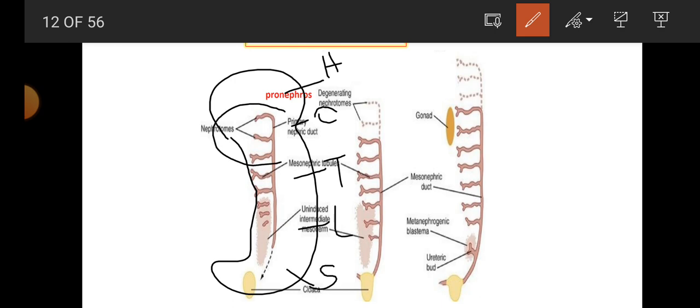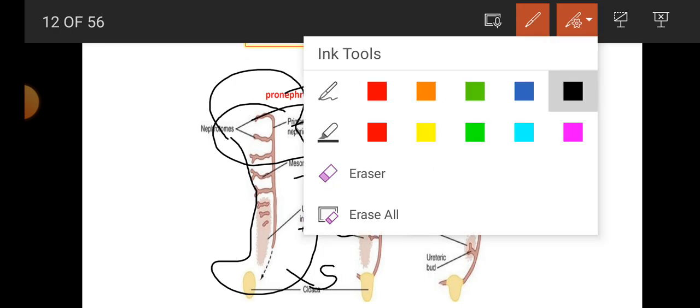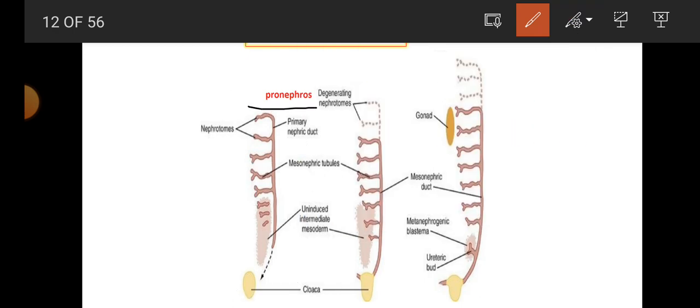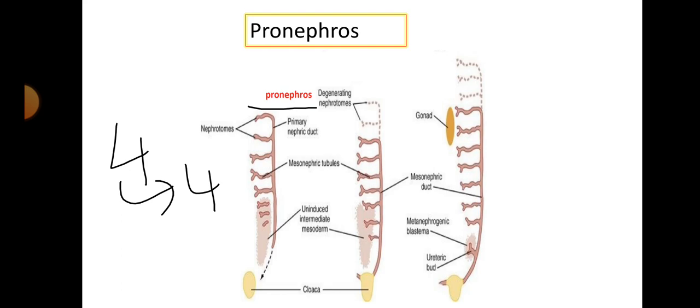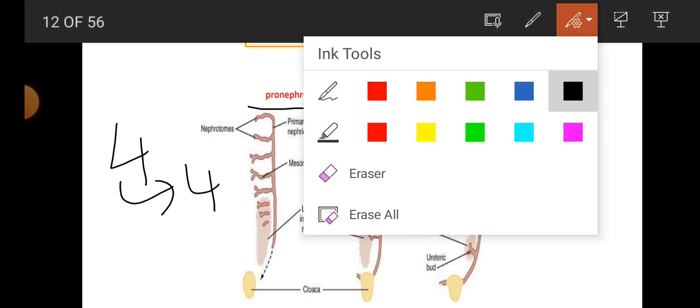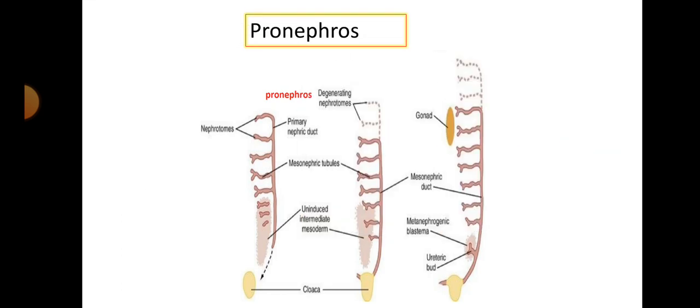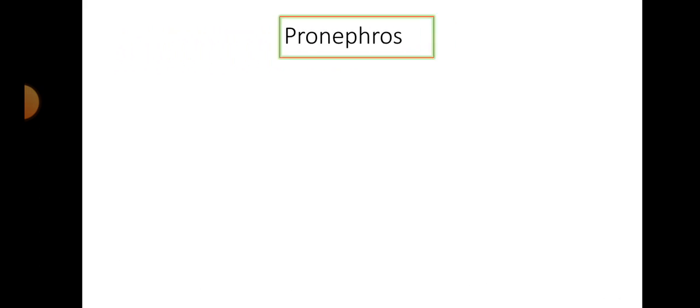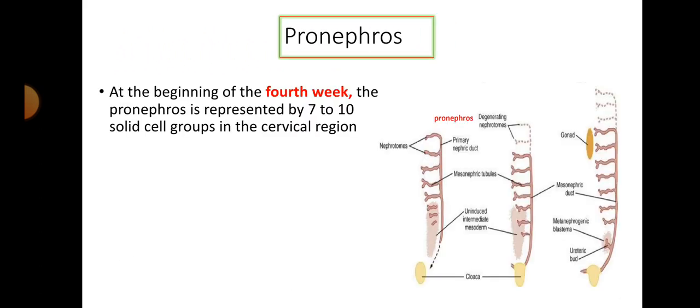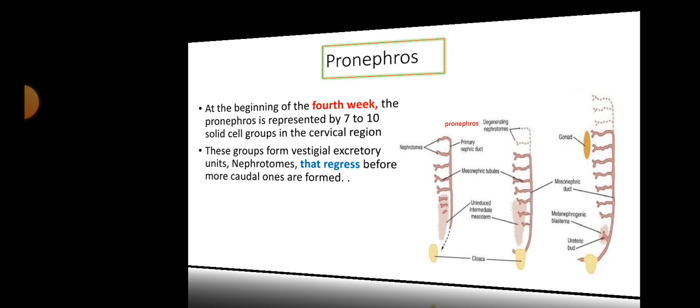At the head's neck region, the pronephros begins at the 4th week. But at the end of the 4th week, they start regressing. All these pronephros start regressing before the mesonephros form. That's why the pronephros are called primitive kidneys and they do not serve any function.